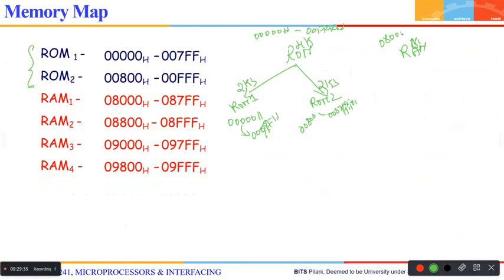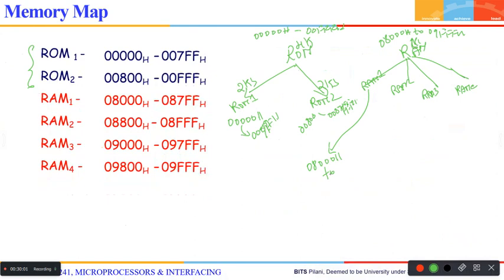Okay. 0800H. What's the ending address? 09FFFH. So, how many RAMs are required for you? RAM 1, RAM 2, RAM 3 and RAM 4. Okay, what is the address of this? 08000H.